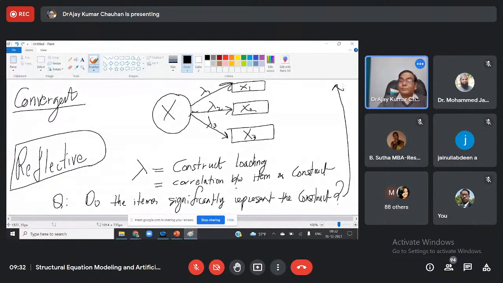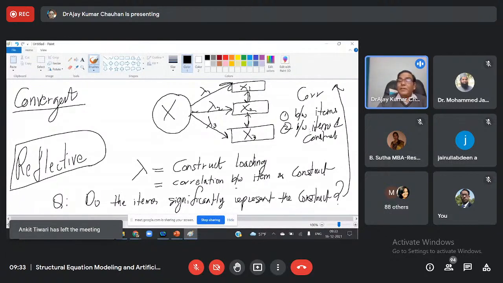This question is answered by two things. Number one, the correlation between the items, and second, the correlation between the items and the construct. So whether items are correlated among themselves, and whether the items are correlated with the construct, which is represented by lambda.